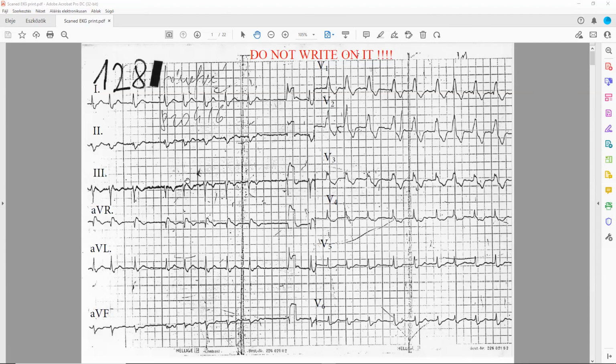If you recall what you see in the videos, I said immediately, if you do have arrhythmia and no P wave, immediately you have to diagnose. What is your diagnosis immediately? Atrial fibrillation.